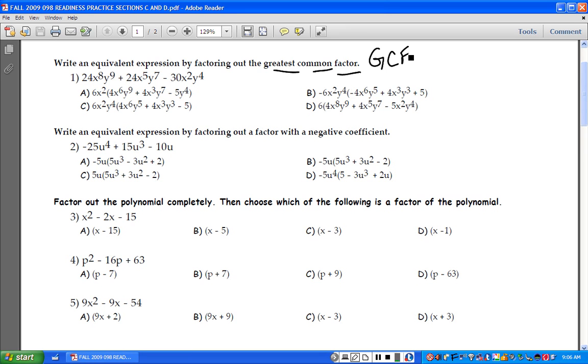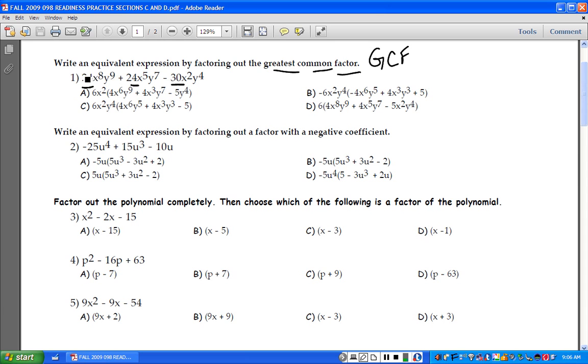Basically, if we're looking at problem number 1, first of all, let's look at the coefficients, the numbers out in front of the variables. What we want to do is see if there is one number that goes into each one of these coefficients.